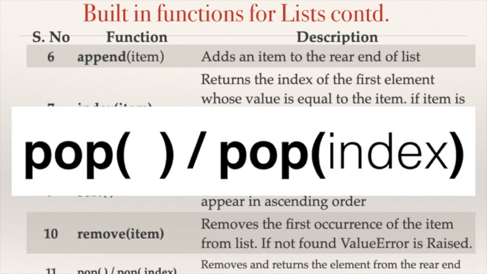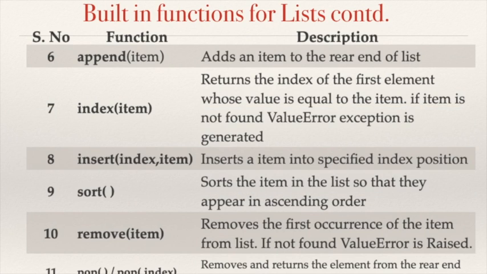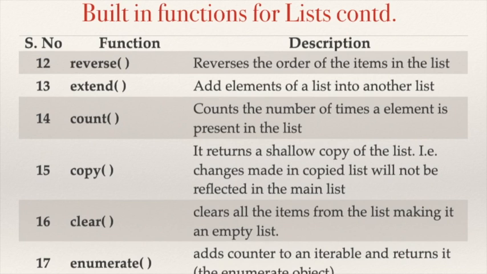The pop function acts similarly to the remove function, but it not only deletes elements either from the rear end or from a specified position, but also returns the deleted value. So here we come with more functions.